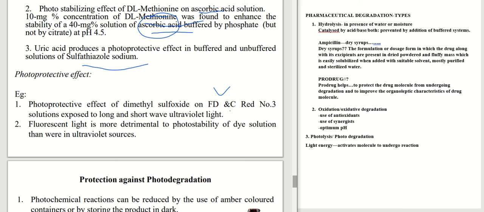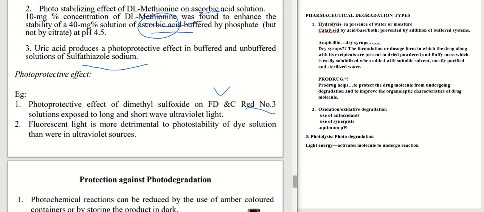Most of the colors are given codes, for example red number 3. When such coloring agents are exposed to sunlight or UV light of a particular wavelength, longer or shorter, there will be a change in color.